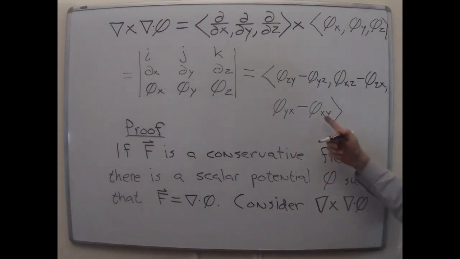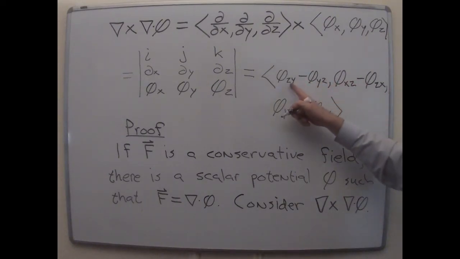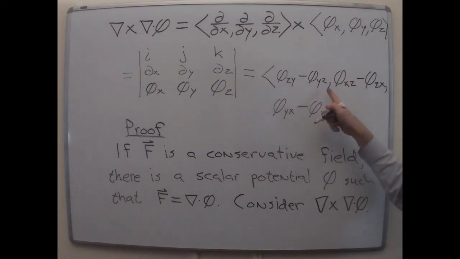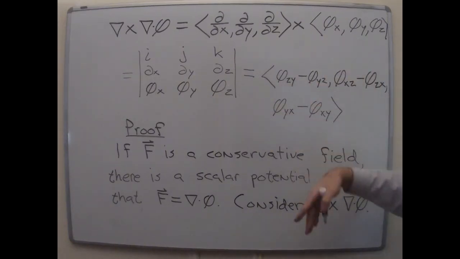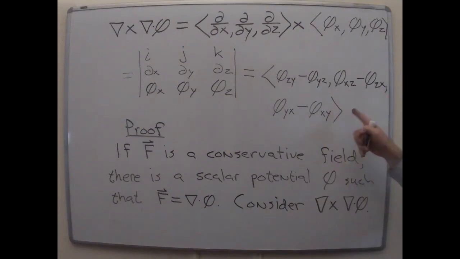Do you see why all of these are 0? These are mixed partials in the two possible orders, zy and yz, but those things are equal to each other, so that's 0. And same thing here, these two are not 0, but equal and thus the difference is 0. And yeah, that's just a 0 vector.